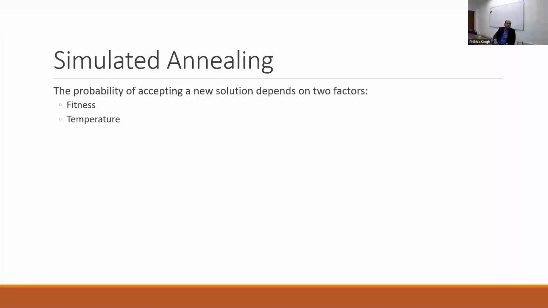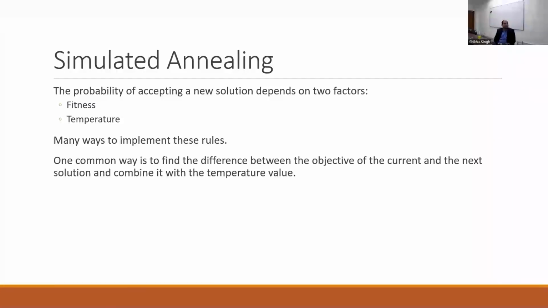The probability that it will accept a new solution depends on two factors: fitness and temperature. So there are many ways to implement these rules. Heuristics are always free-for-all type algorithms where your objective more or less is to find a solution. So you focus on how can I use optimization algorithms to find solutions as opposed to using the best possible method for a specific set of rules.